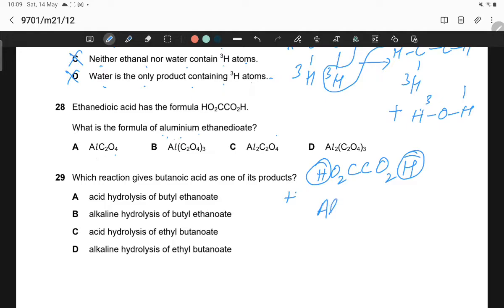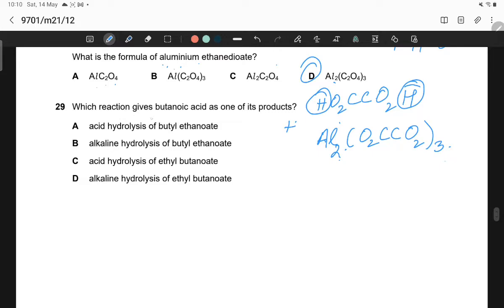So Al, O2CCO2, thrice, because aluminium carries a 3 plus charge. So this option, Al2(C2O4)3, is correct.